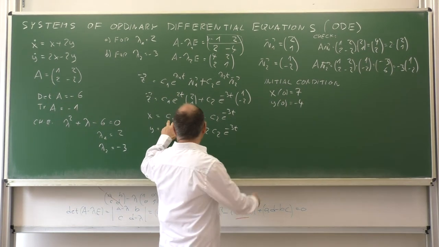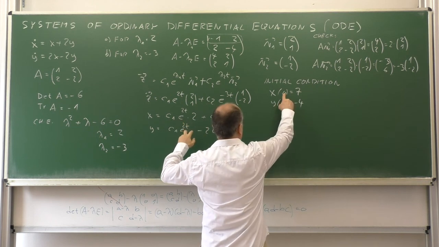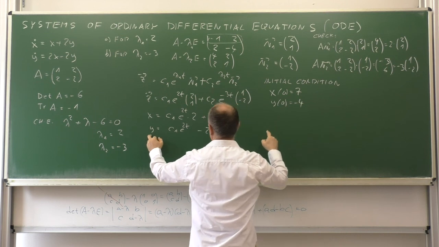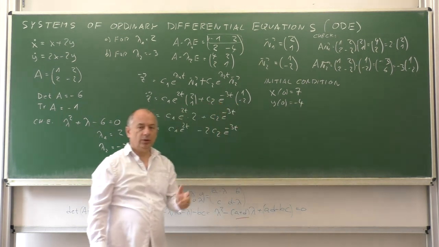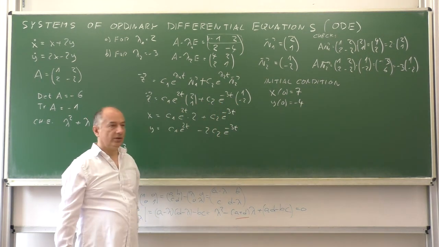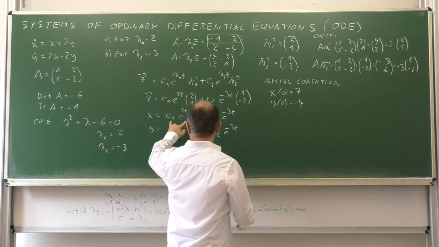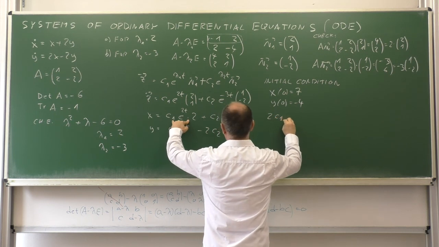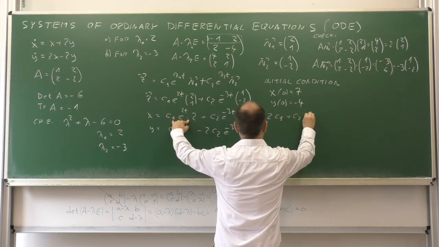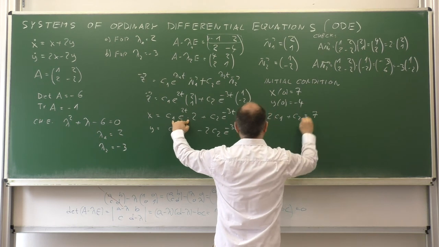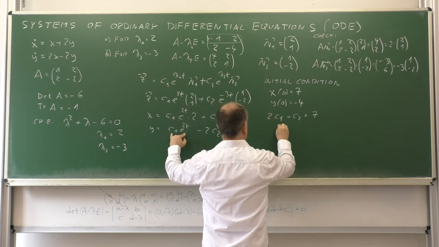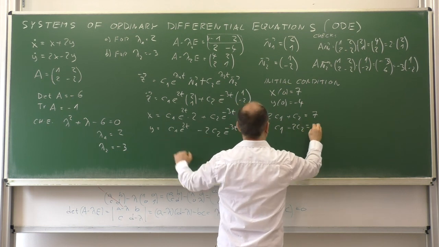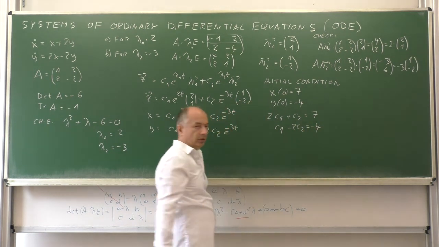So we have, if we substitute 0 for t, 7 for x, and minus 4 for y, we get two equations for two unknowns, C1 and C2, which in this case will be 2C1 plus C2 is x, which is 7, and C1 minus 2C2 is y, which is minus 4.